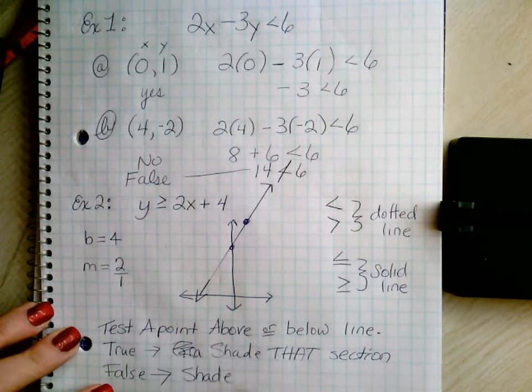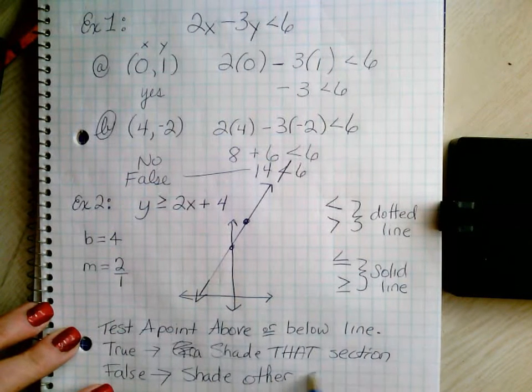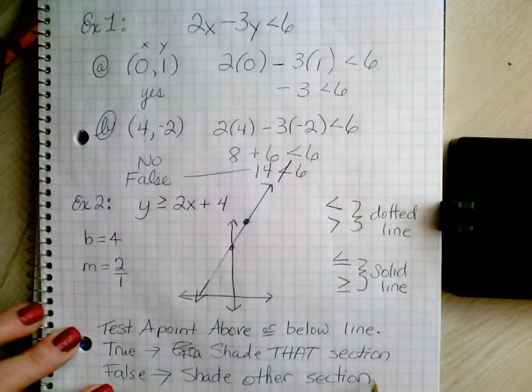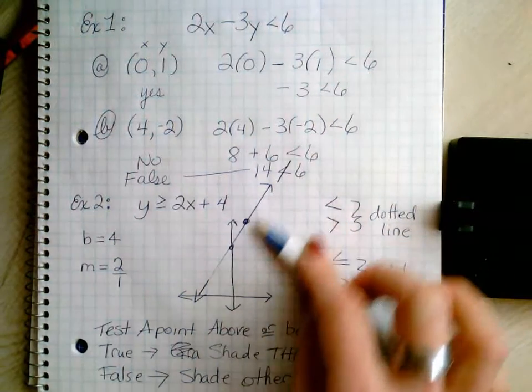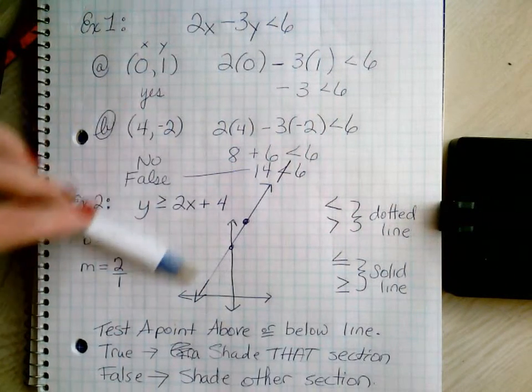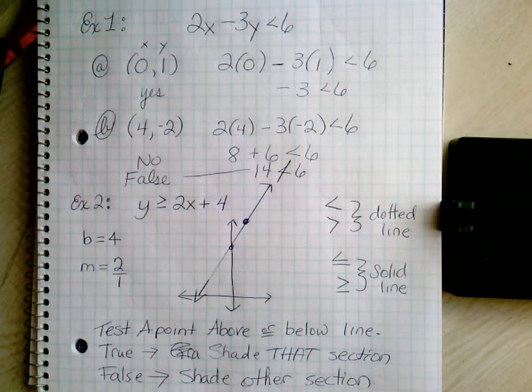shade the other section. Now, just to give you a little bit of terminology, this or this is what's going to be shaded, depending upon what we test and whether or not it's true or false.